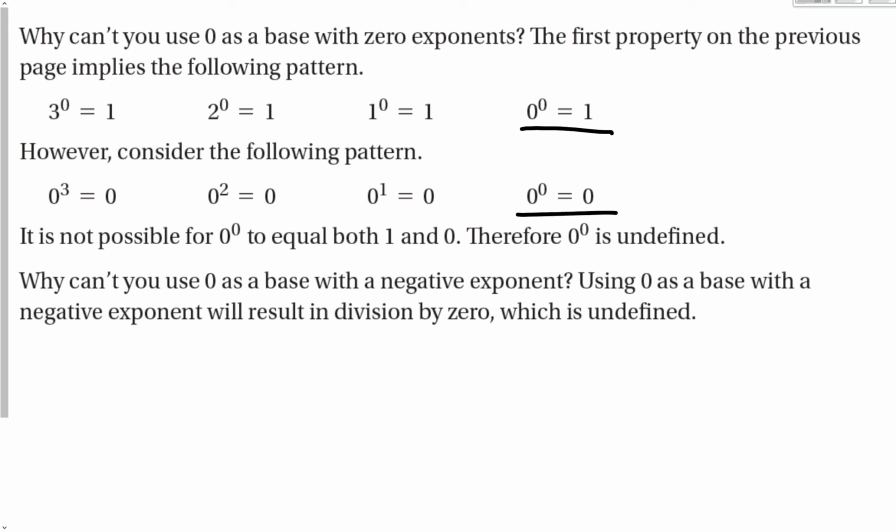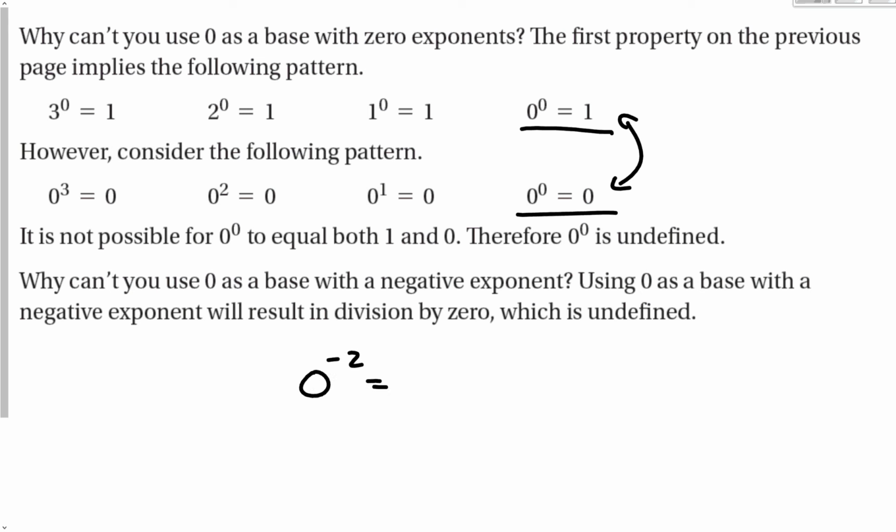So this cannot happen, right? You cannot have two things equaling different numbers. So it's not possible for 0 to the 0 power to be both 1 and 0. So 0 to the 0 power is undefined. And why can't you use 0 as a base with a negative exponent?